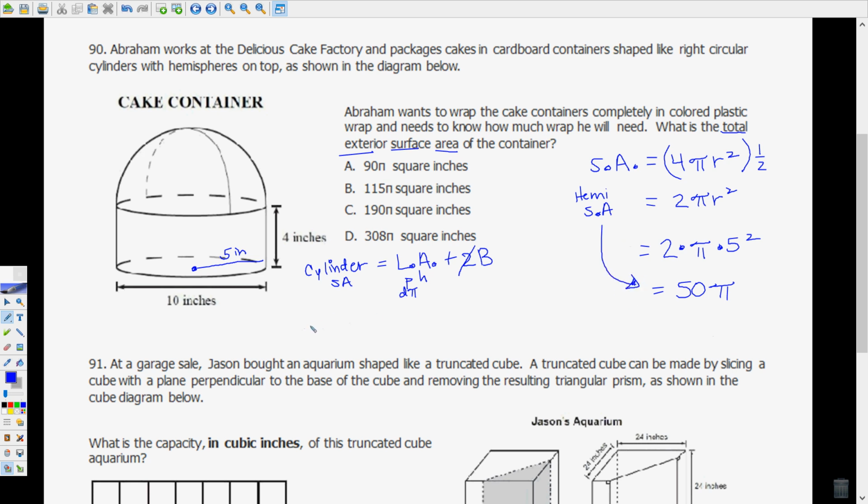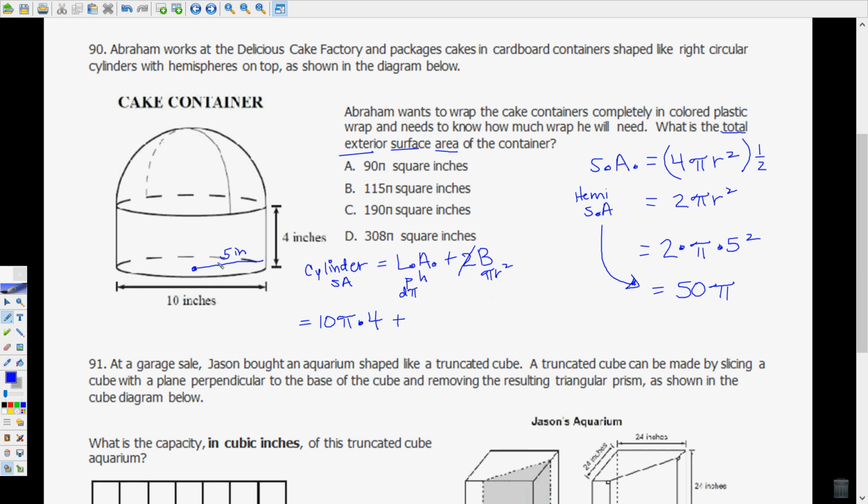Now for the cylinder, we want to take the diameter times pi times the height. So we have the perimeter times the height. So 10 pi times the height of the cylinder, and that's the lateral area, and then add to that the area of the base. The base is a circle. The circle's area is pi r squared.